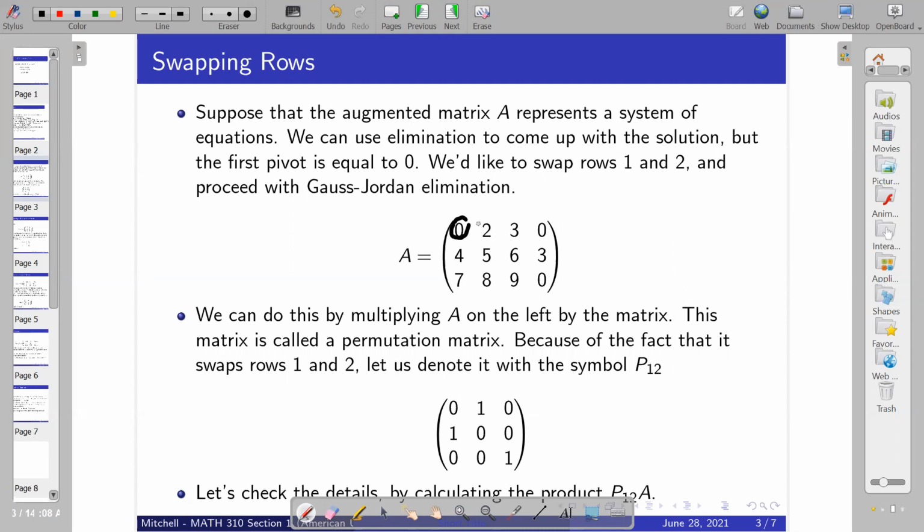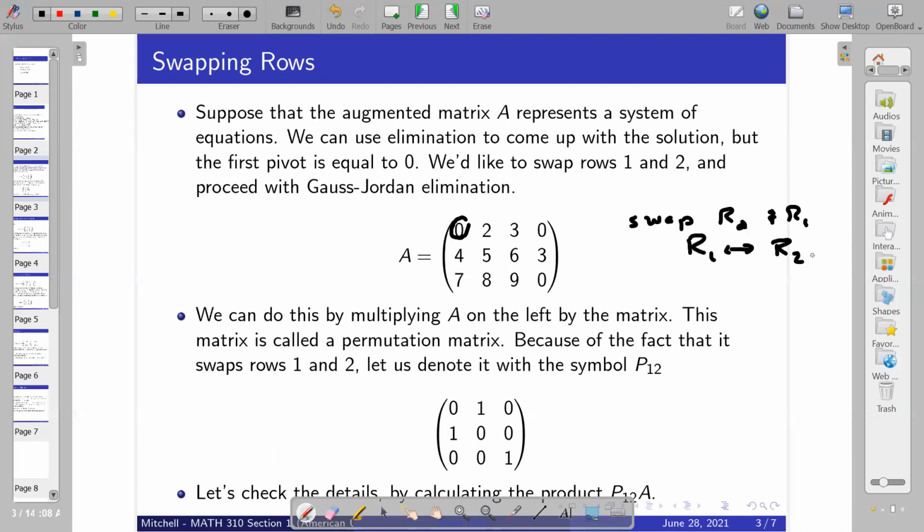So you can't really use that first pivot to do much of anything at all. So what most people are going to do when confronted with a matrix like this is swap row 2 and row 1, or more symbolically, switch these two rows. And when you switch the two rows, you can continue using Gauss-Jordan.